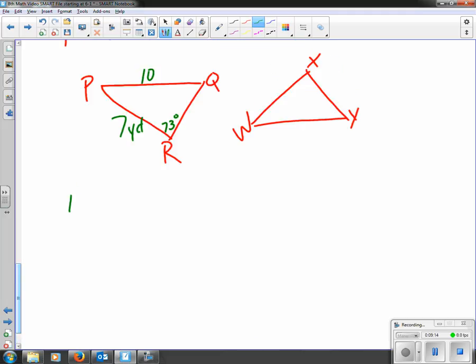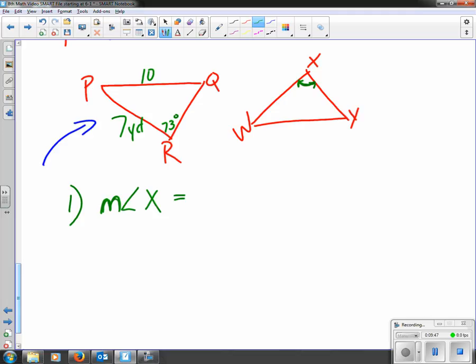So let's say in this situation, the problem says, okay, find the measurement for angle X. Little m means measurement. What is the measurement for angle X? So I'm looking for this measurement right here. Now, I'm telling you both those triangles are congruent. So what information from this triangle here would be able to help me answer this question?